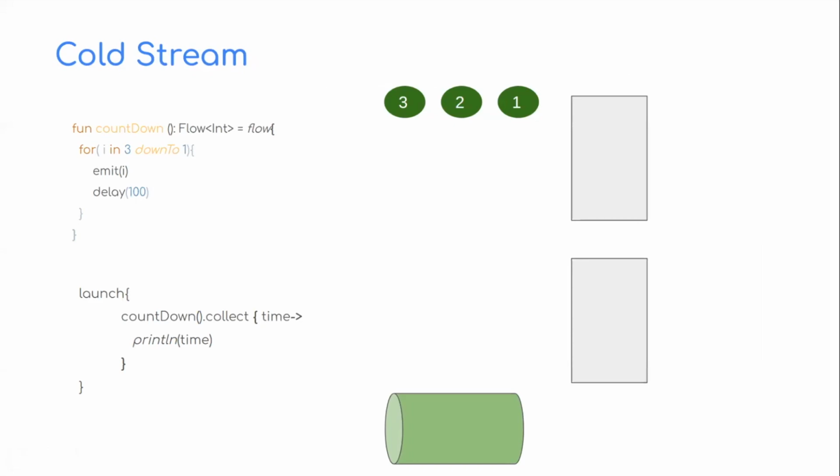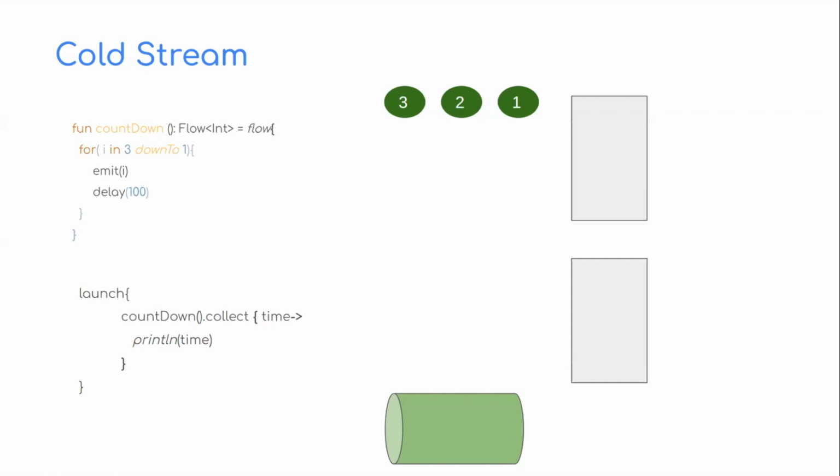In Flow, like in LiveData we observe, but in Flow, we collect. Cold stream means that the data will start to be generated only when a terminal operator like collect is called on them.